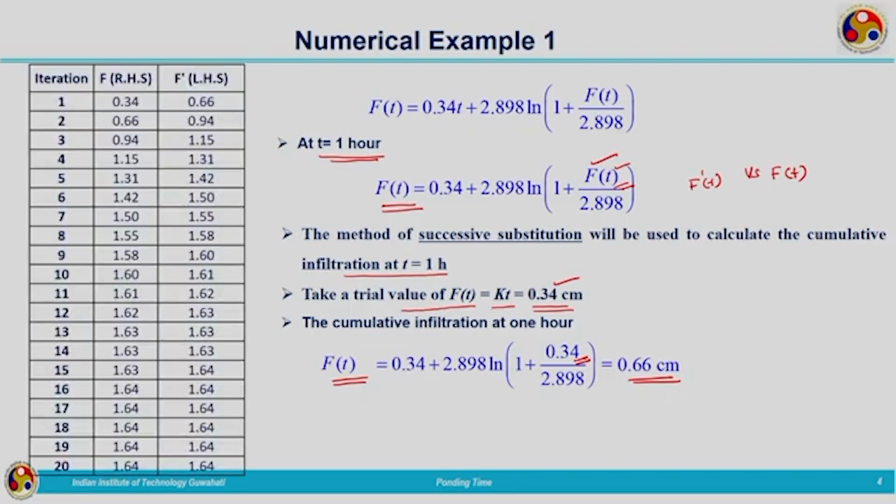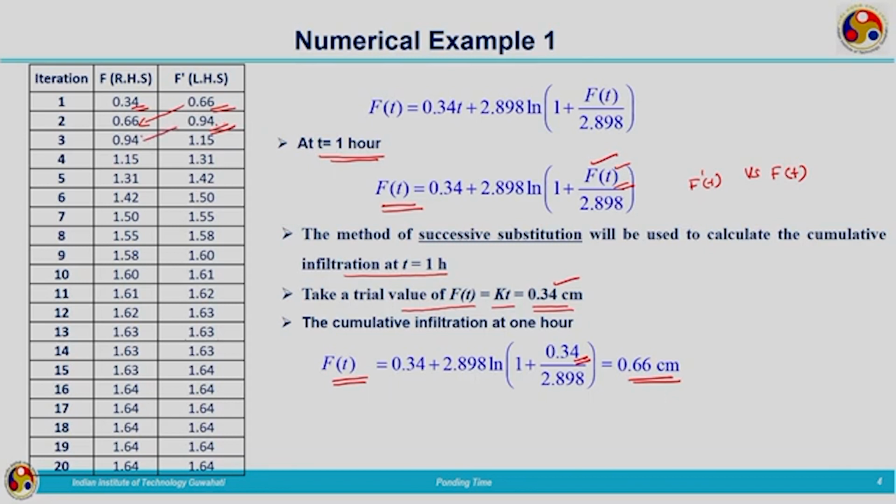The initial guess was 0.34, and corresponding to that we got F dash on the left hand side as 0.66. Then 0.66 is taken as the assumption and substituted on the right hand side. We got 0.944 as F dash.